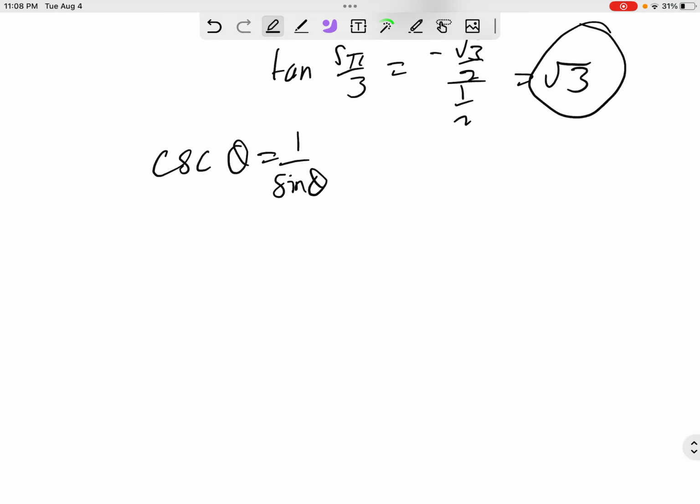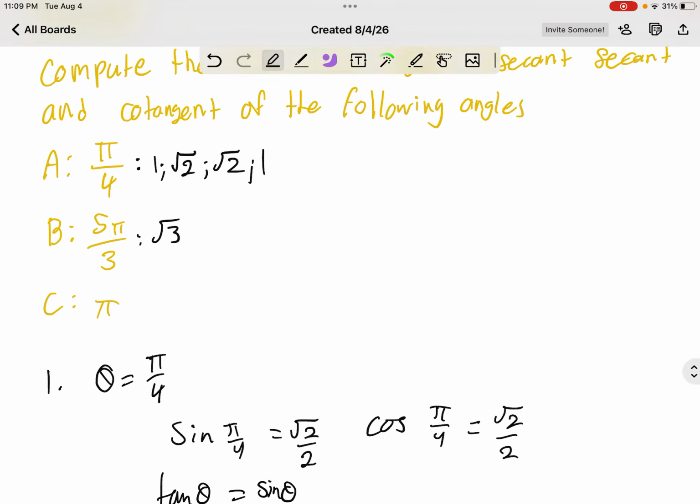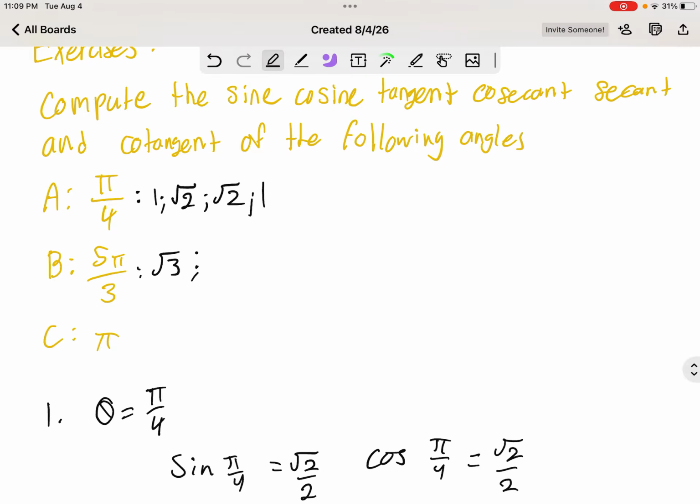So CSC 5 pi over 3 equals 1 over negative root 3 over 2, which is equal to negative 2 root 3 over 3. That's going to be our next answer.